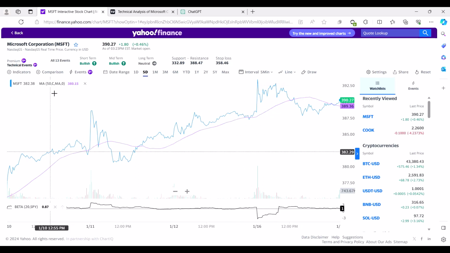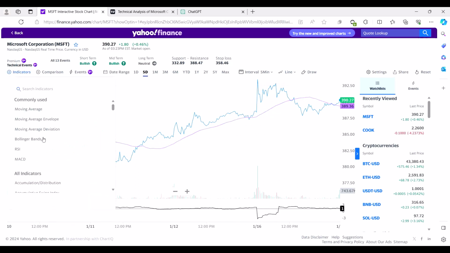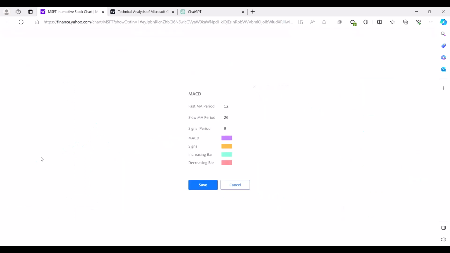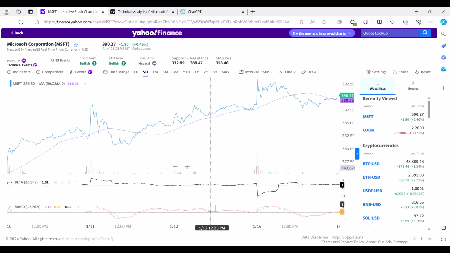So that's another tool, and then one of the other good ones is this MACD, the Moving Average Convergence Divergence. So you see there, you can set different periods. You've got a fast and slow MACD, which I won't get into, but pretty much it's just taking that moving average and measuring how far the share price is from that moving average.